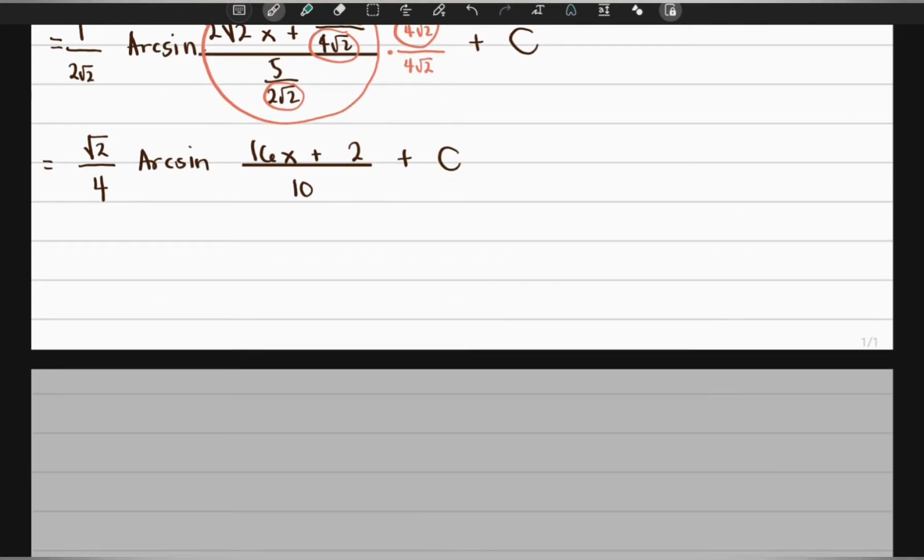So, may common factor pa yung nasa loob ng arcsine. Simplify pa natin. So, we have 2 square root of 2 over 4 arcsine 4x plus 1 all over 5 plus capital C. So, that's the final answer.